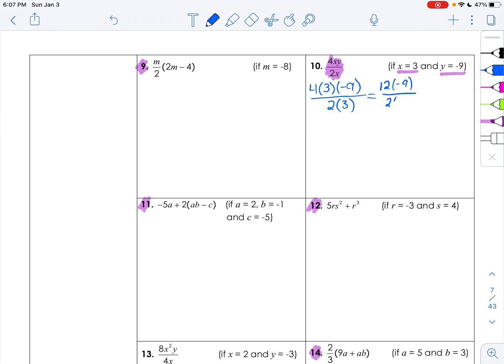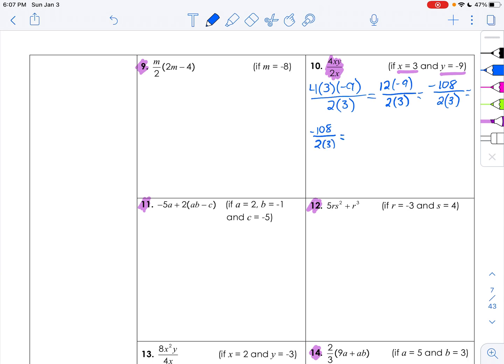Bring over your 2 times 3, because we're not working in our denominator yet. And then 12 times negative 9 is negative 108. And bring over your 2 times 3.